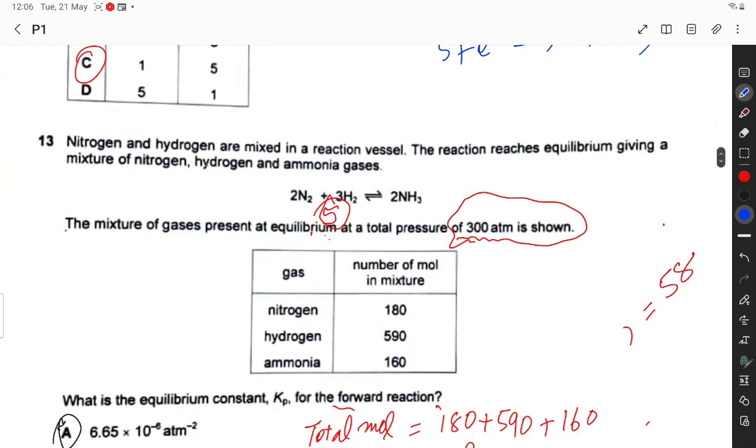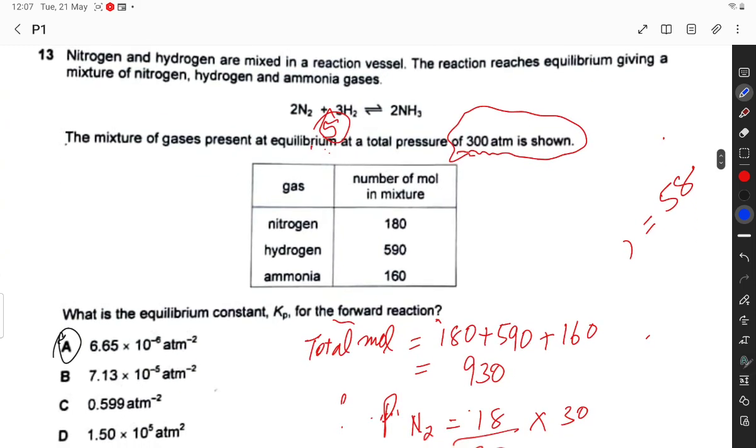Question number 13. Nitrogen and hydrogen are mixed in the reaction vessel. The reaction reaches equilibrium, giving a mixture of nitrogen, hydrogen and ammonia gas. The mixture of gases present at equilibrium at a total pressure of 300 atmospheres is shown.